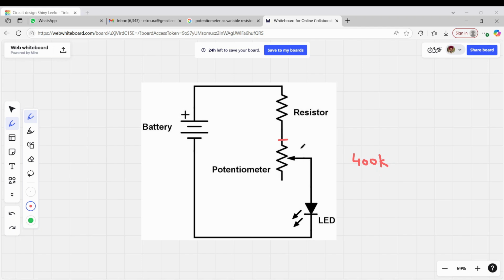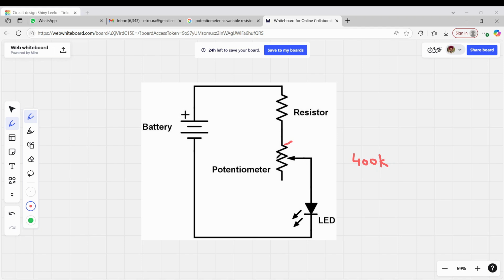But when we actually connect the wiper, if the wiper is connected here, there is no resistance because it has not even reached the resistance part yet. So if the wiper is at this particular level, the resistance is zero.